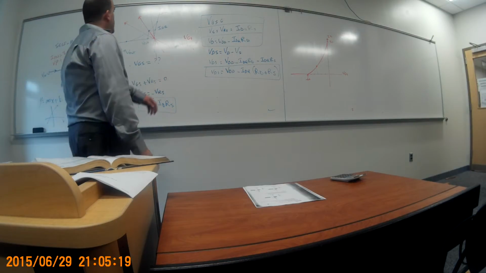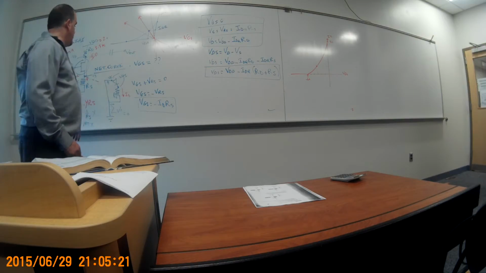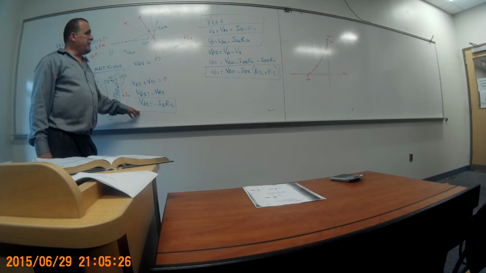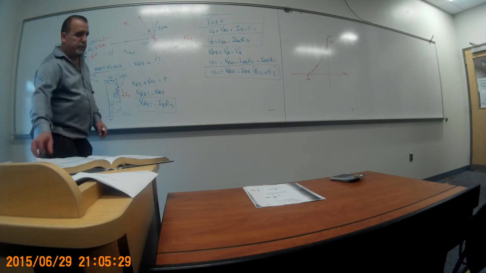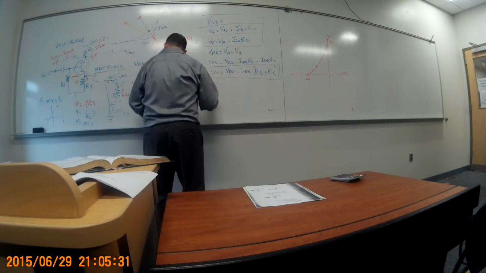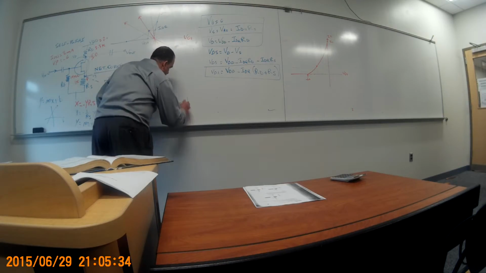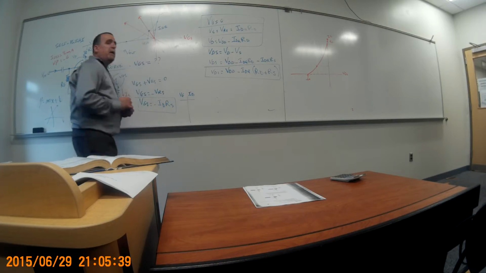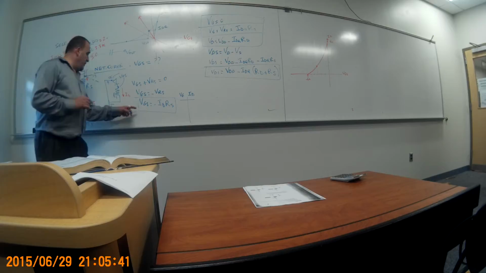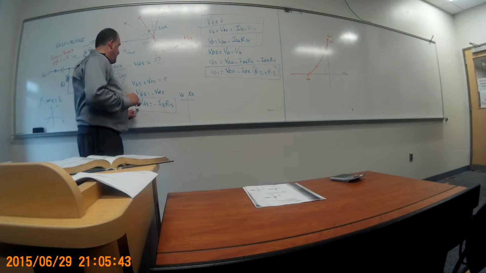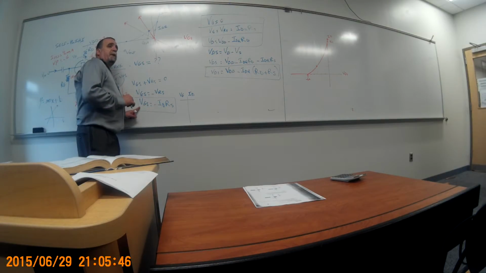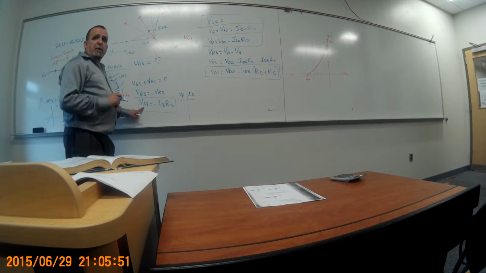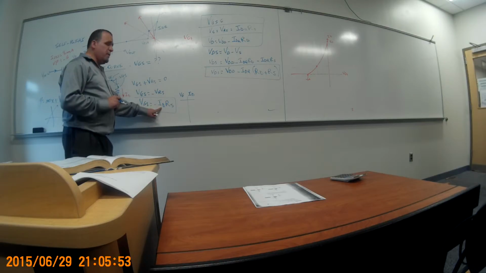Now next is the network curve. Here is my network equation, right? So this is my VG and this is my ID. We know that when VGS is 0, ID is max.